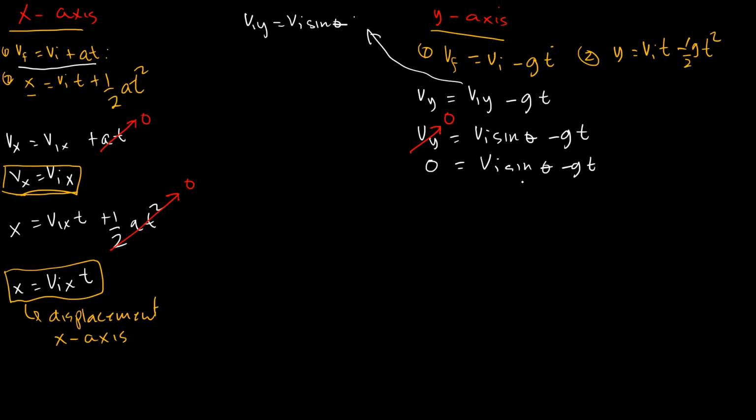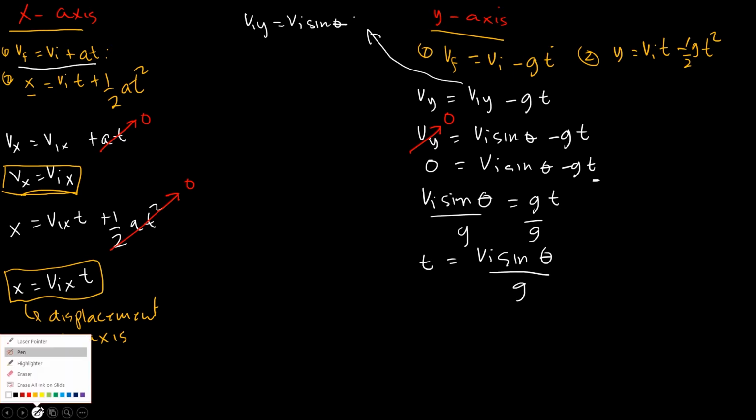We can rearrange this equation in terms of t. So v sub i sine theta is equal to g times t, divided by g. This gives us the equation of time: t is equal to v sub i sine theta over g.